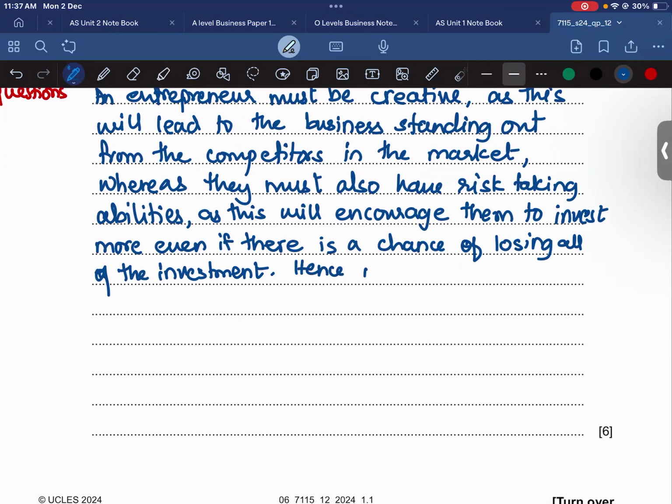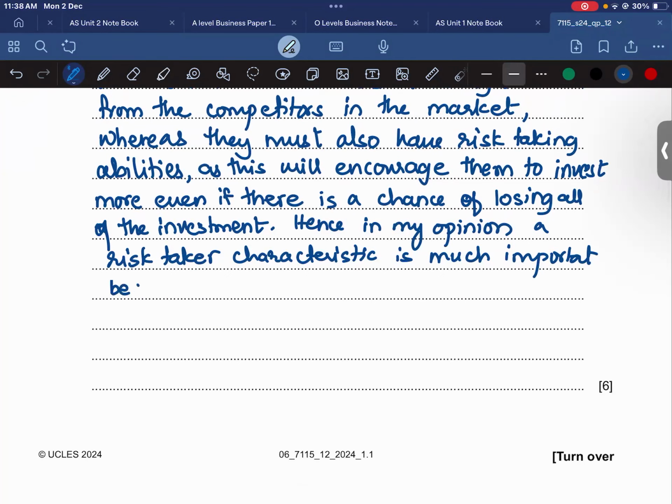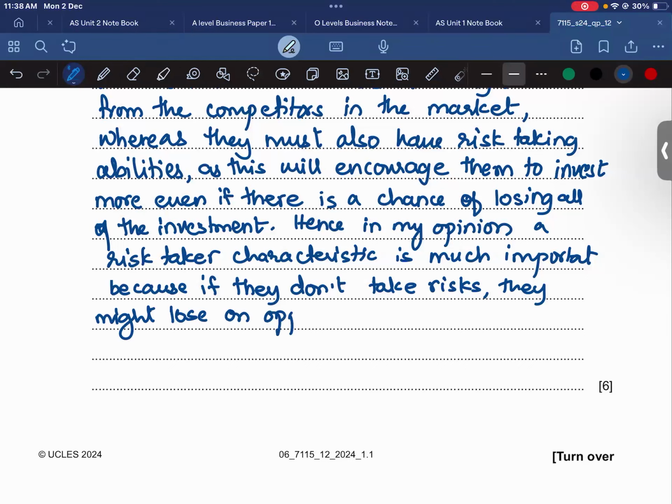Hence, in my opinion, a risk taker characteristic is much more important, because if they don't take risks, they might lose on opportunities to increase sales.